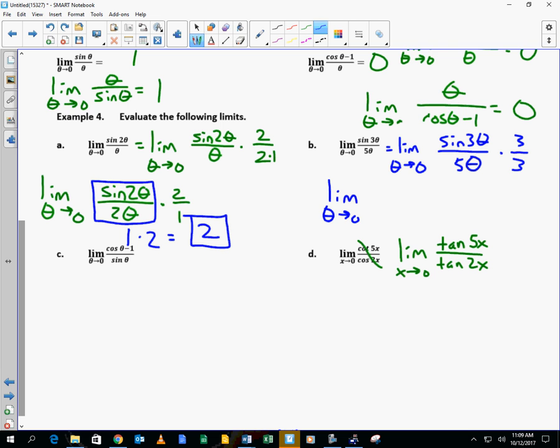Can I do that? Because multiplication is commutative. Sine of 3 theta over 3 theta times 3 over 5. What is sine of 3 theta over 3 theta as theta goes to 0? 1 times 3/5, 3/5.